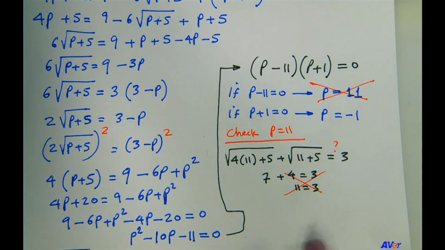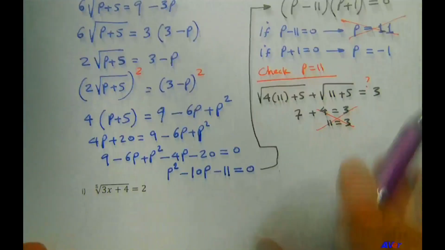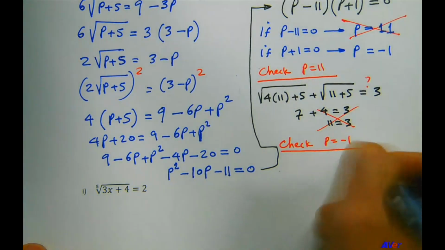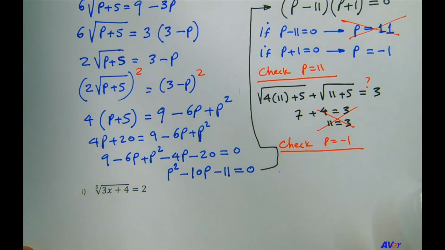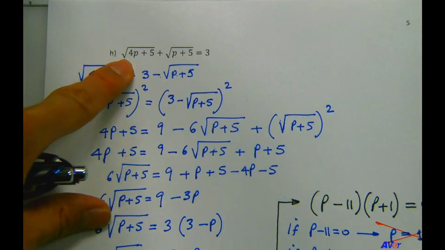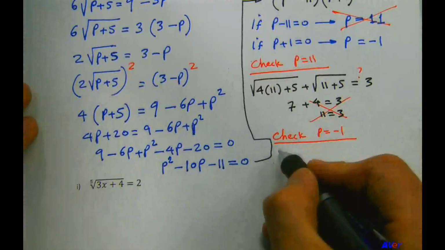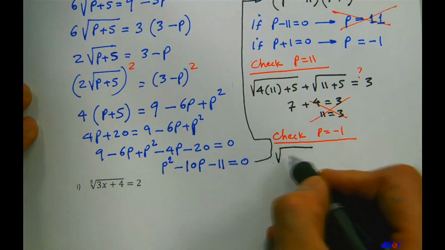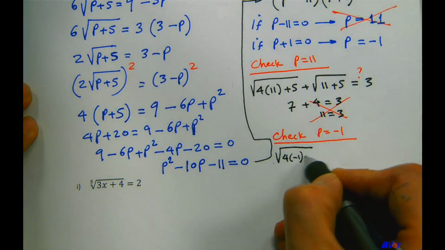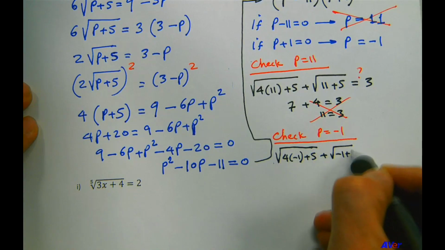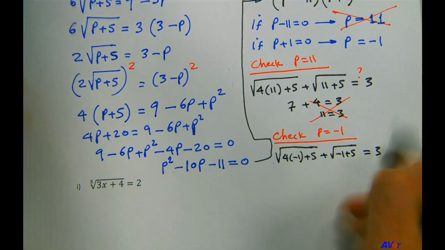Okay, let's check p equals negative 1. Again, you're not seeing this, I'm going to plug in negative 1 for p. Okay, so let me do that here. It'll barely fit. So 4 times negative 1 plus 5 plus square root of negative 1 plus 5, is that equal to 3?